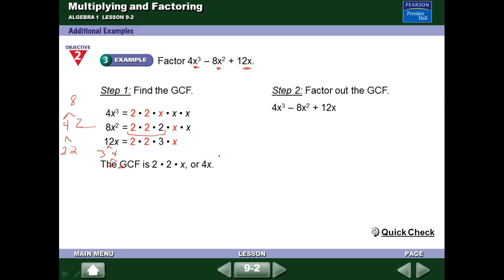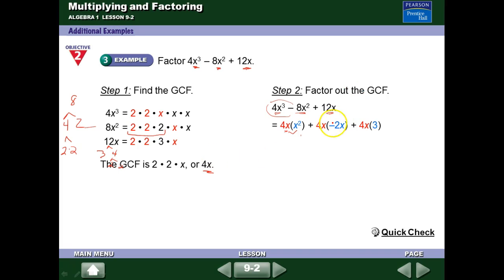Now we take our greatest common factor, and we're going to factor that out of our original. So you can see here, this is my greatest common factor. They've pulled that out of each of these 3 terms. So when I pull out a 4x from here, what do I get left with? Well, you get left with x squared, because you can reverse this and check it: 4x distributed to x squared is 4x cubed.